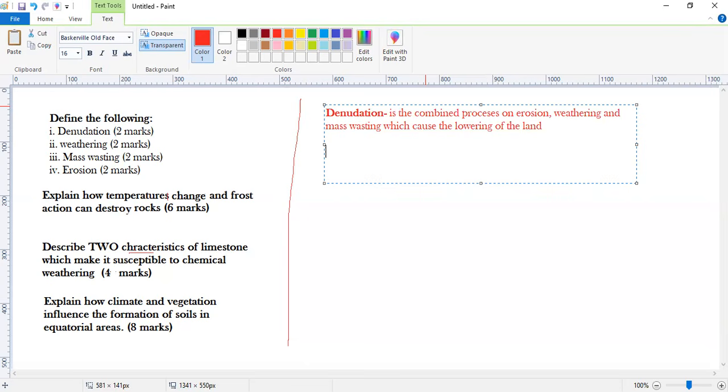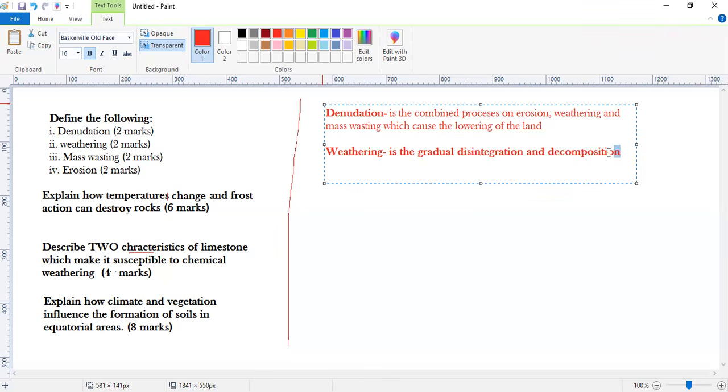Then notice that all of the terms that were given here are related. Right? So now we are asked to define the term weathering. We could define weathering as gradual, meaning that it takes place over time, disintegration, and decomposition.